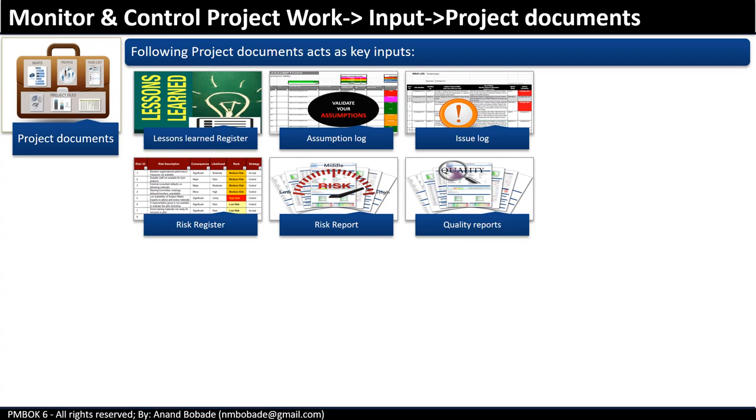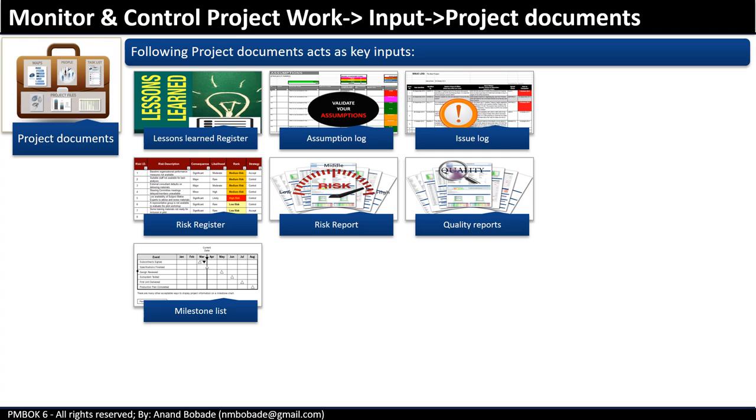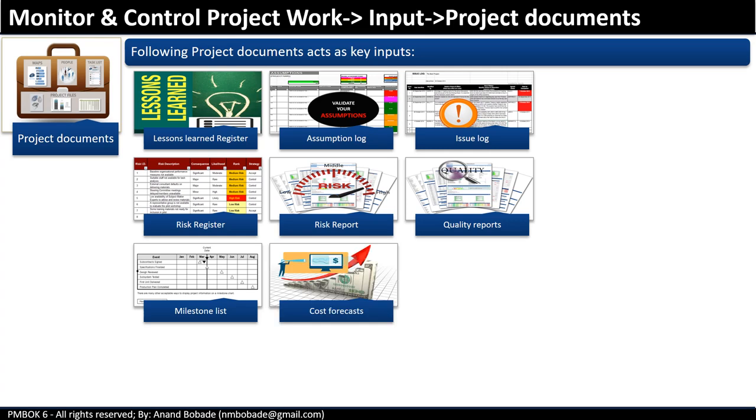Quality report. This includes quality management issues and recommendations on process or product improvement. The milestone list shows the scheduled date for specific milestones. It can be project milestones, contractual milestones, etc. The cost forecast determines if the project cost is within the agreed tolerance range or not. If it is not, how much more you will need to spend.